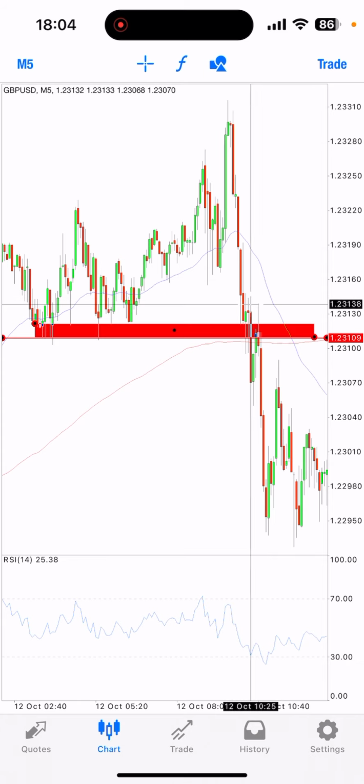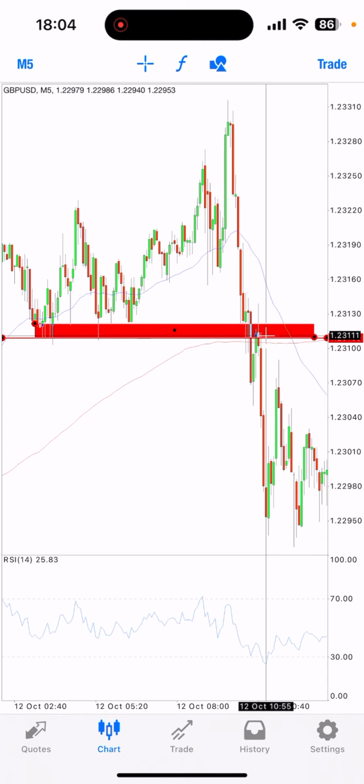Your stop loss will go to 23, 138, 139, somewhere around there. Your entry would have been here on this candle at 10:45, so 8:45 in the morning, when the London session is fully open. Then you would have taken a sell and made a beautiful profit.